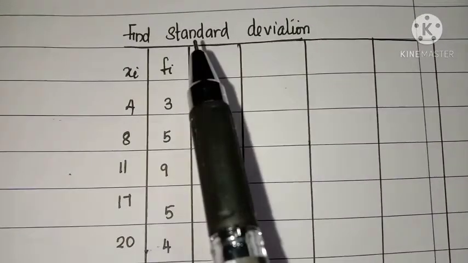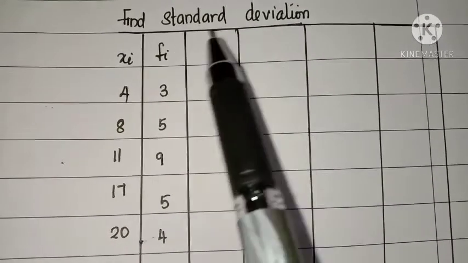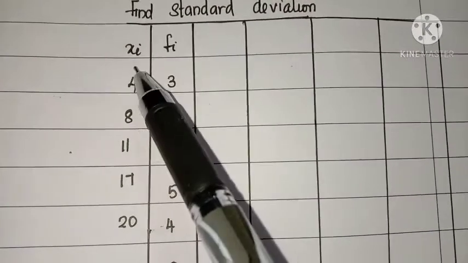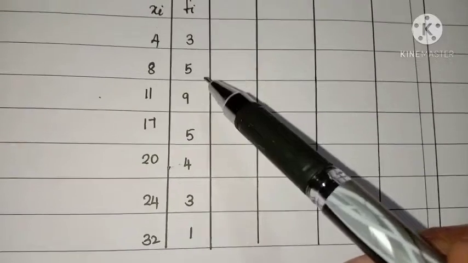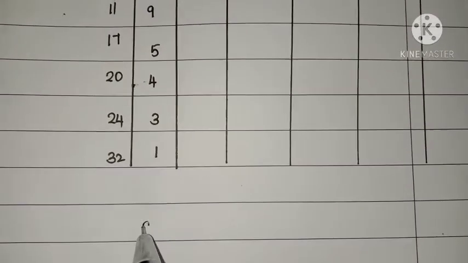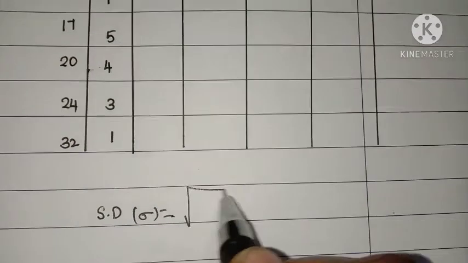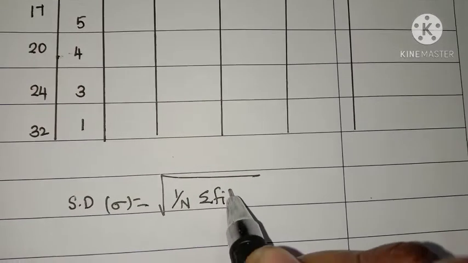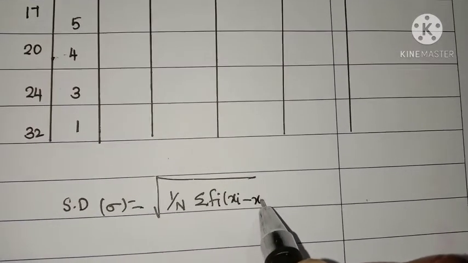Let's see this example. Find the standard deviation for the data xi, fi. Values and frequencies are given. So this is a group of data. To obtain standard deviation, we are using the formula root of 1 by n into sigma fi into (xi minus x bar) whole square.